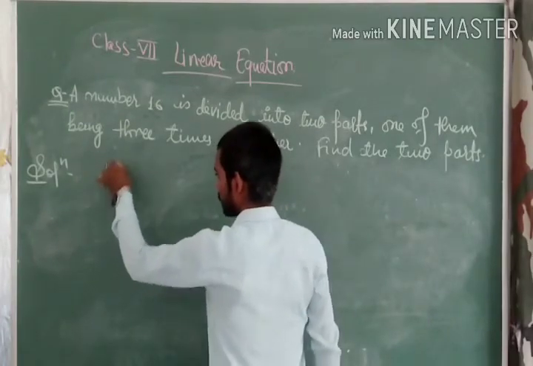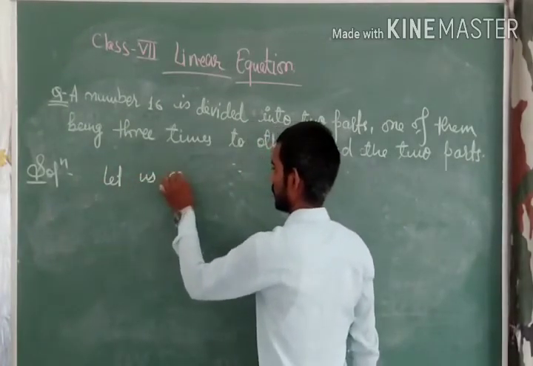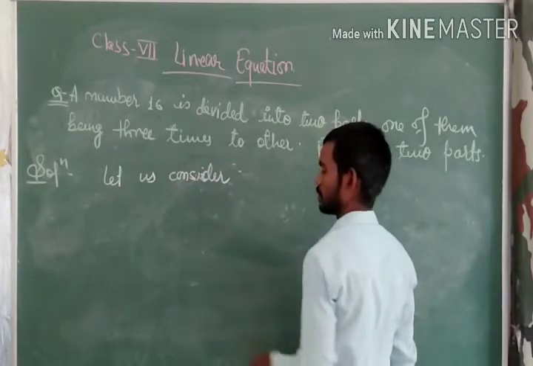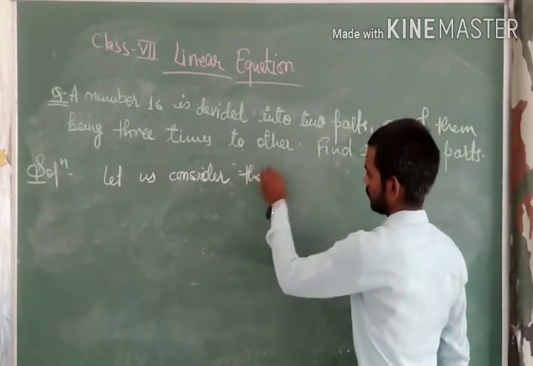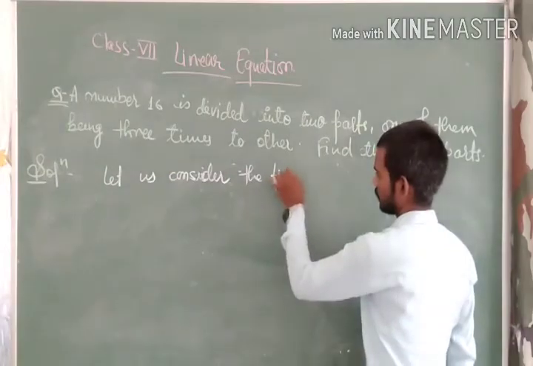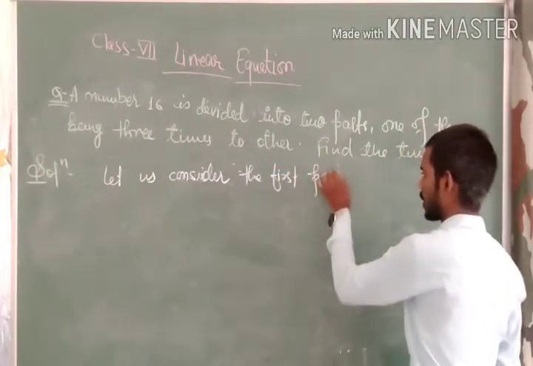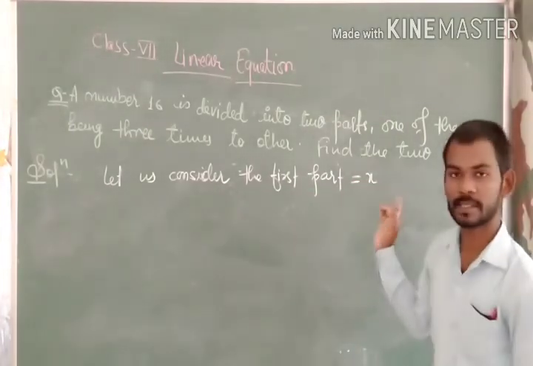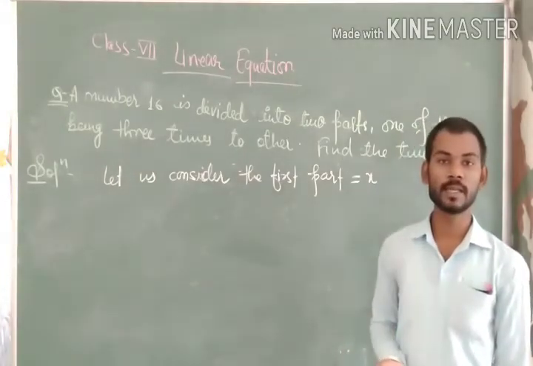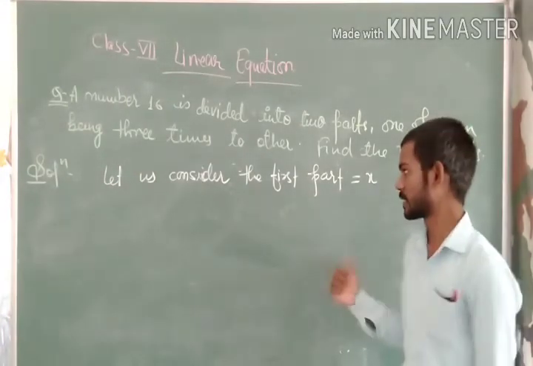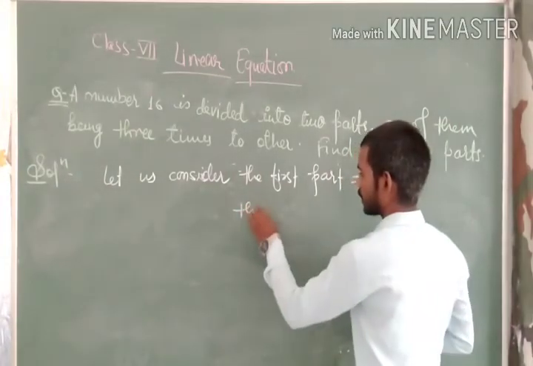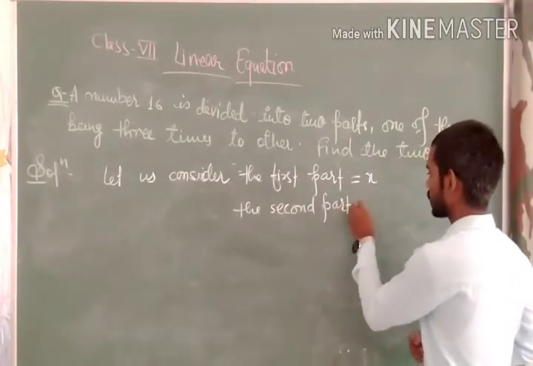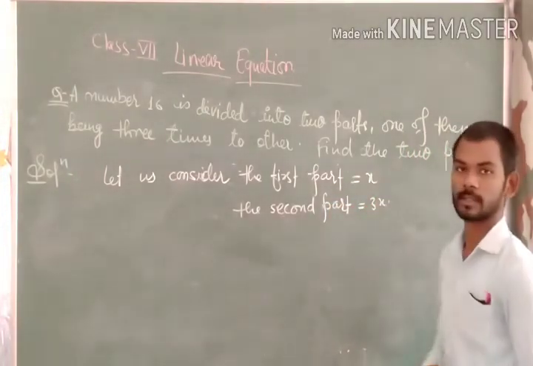Let us consider the first part. The first part is equal to x. If the first part is x, then the second part is obviously 3 times x, that is, the second part is equal to 3x.